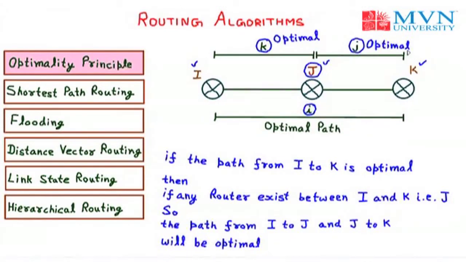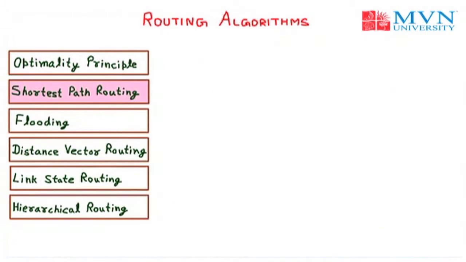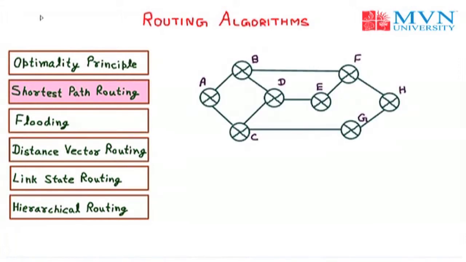Next we have the shortest path routing. To understand the shortest path routing, let us take the example of a diagram which we have earlier discussed. Now here we have the different connectivities from A to H. A is our source and H is the destination. From A to H we have different connectivities, so we will provide the weight or the shortest paths.